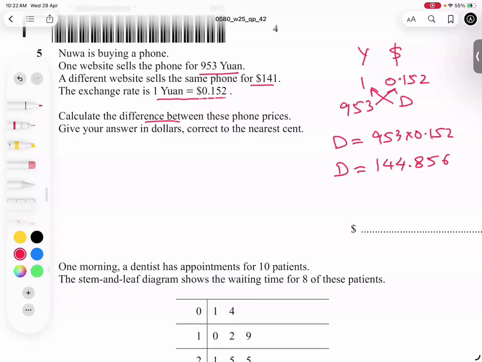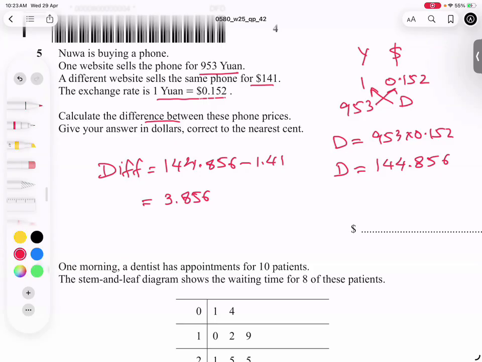And we have to find the difference. So what is the difference coming? 144.856, and the other value is 141. So if I subtract, students, the answer is 3.856.